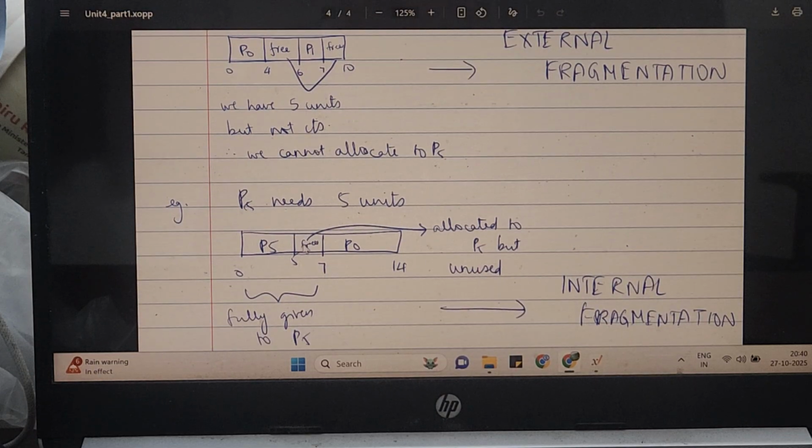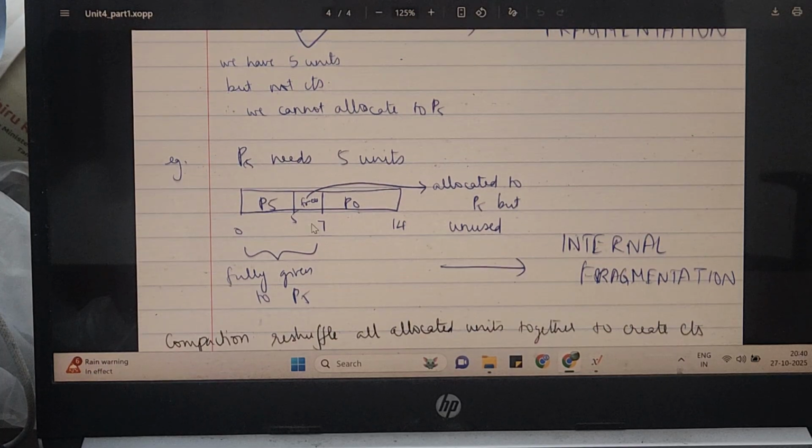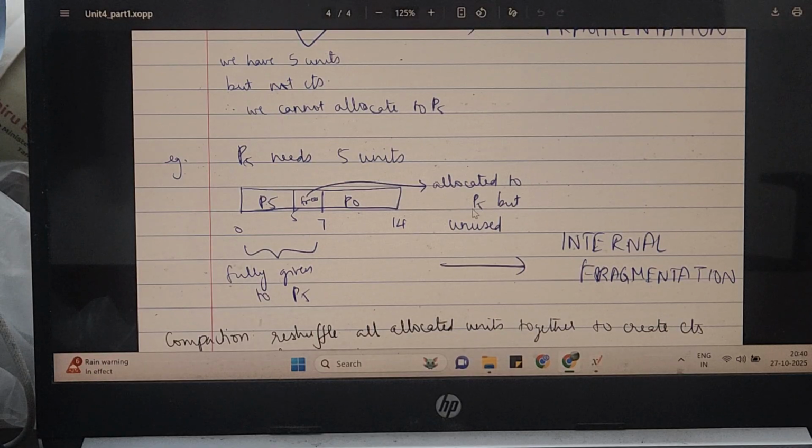But what happens here is, P5 needs only 5, you are forcefully giving it 7 units, it will take up space for 5 units and the remaining 2 units will be empty. So there again, maybe some process which needed only 2 units could have been put there, but because 0 to 7 has been allocated as the address space for P5, it has to remain unused until P5 finishes and leaves.